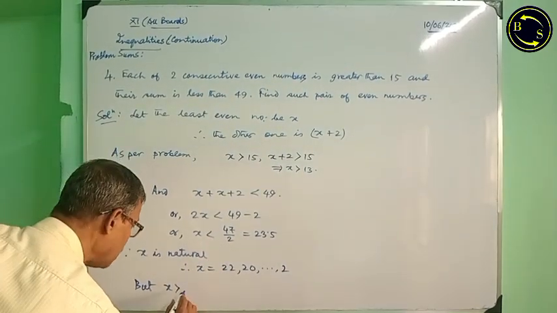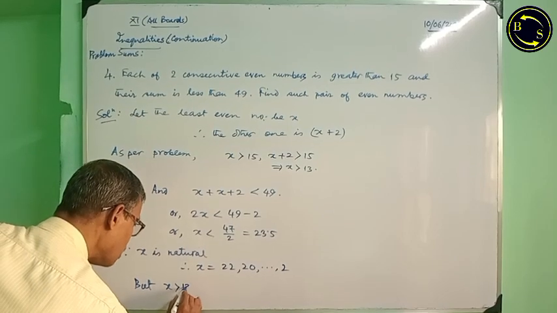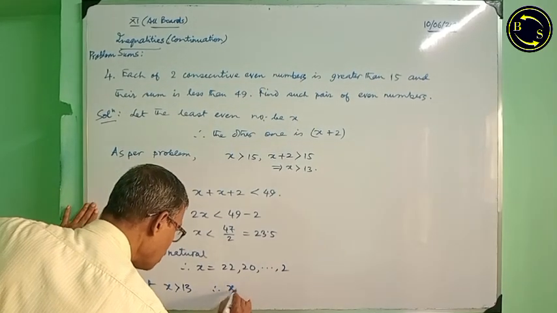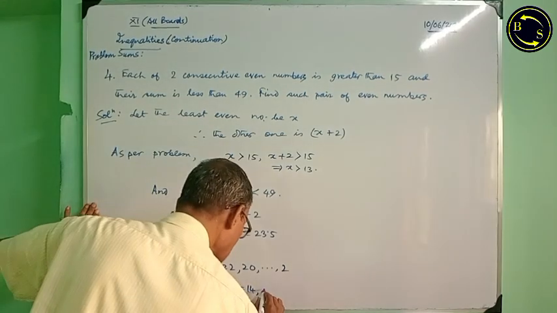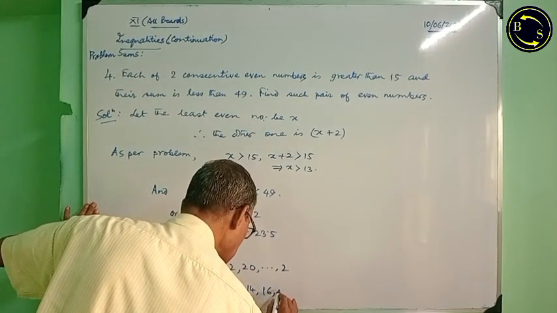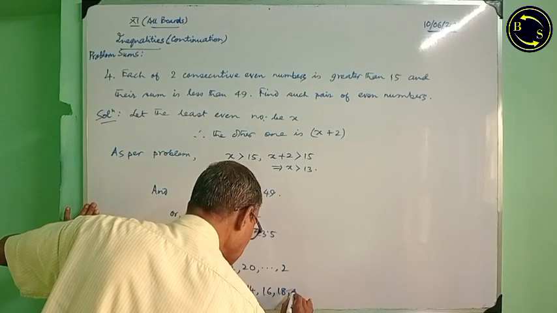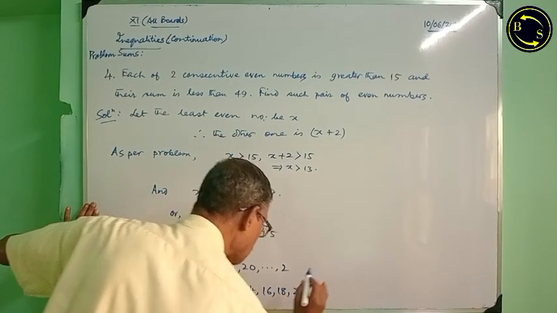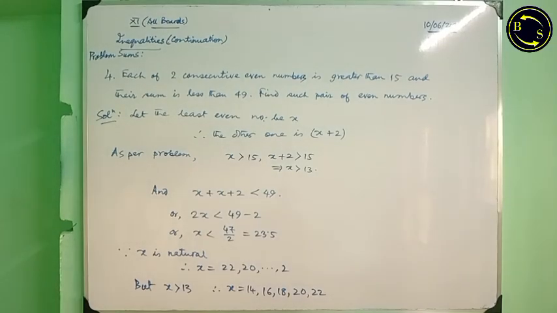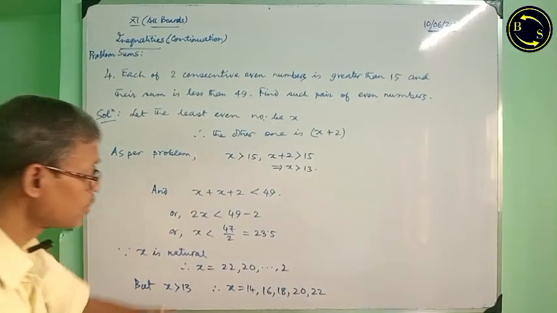For that, x should be taken 14, 16, 18, 20, 22. Now we find x plus 2.